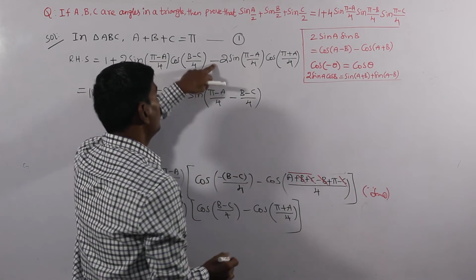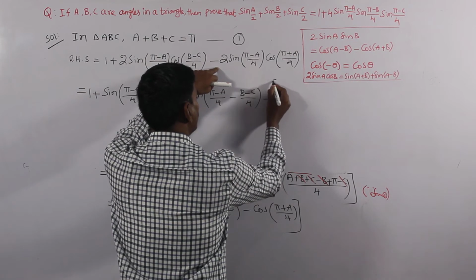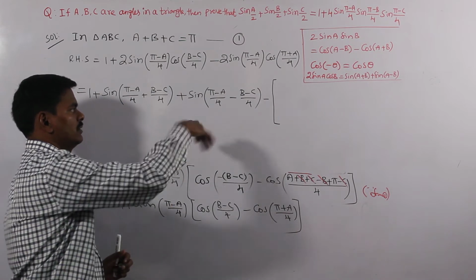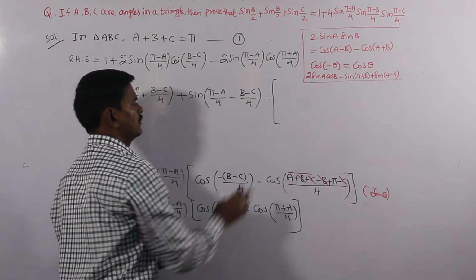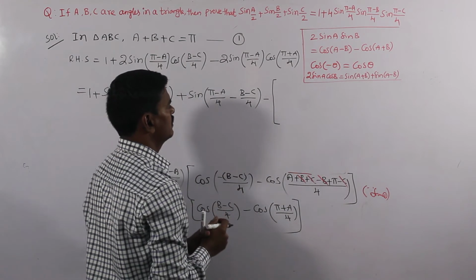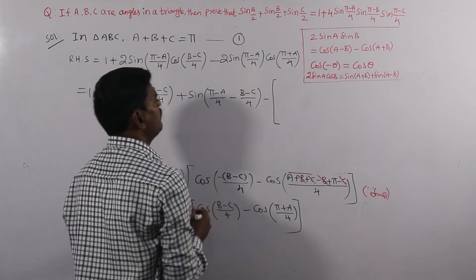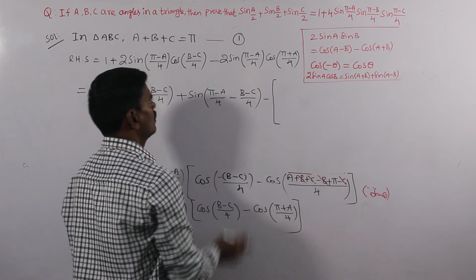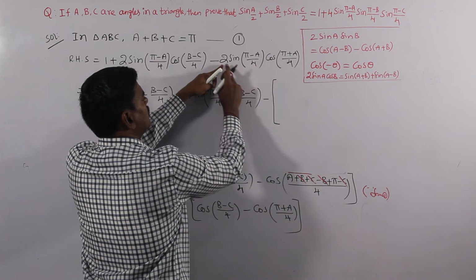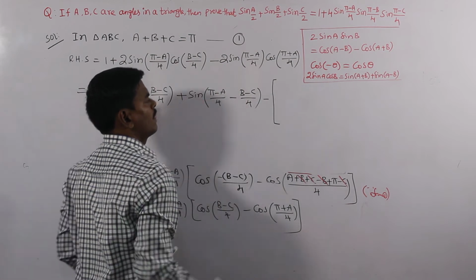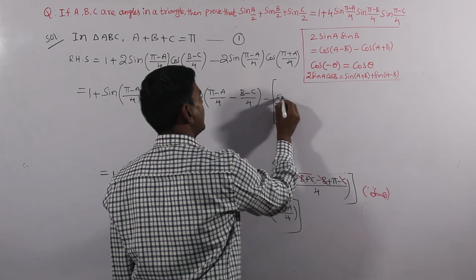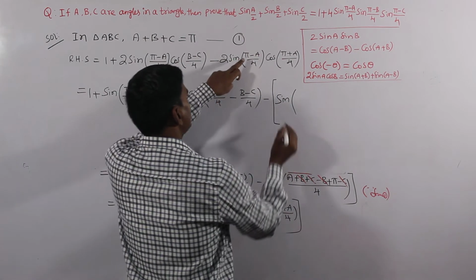Next, we have a minus symbol. We should be careful regarding the minus symbol. Whenever you have a minus symbol for the next terms, we must keep them in brackets. Then only we can apply the minus to all the terms. So, minus, and 2 sine a cos b again. Same formula: sine of (a plus b) plus sine of (a minus b). What is a here?